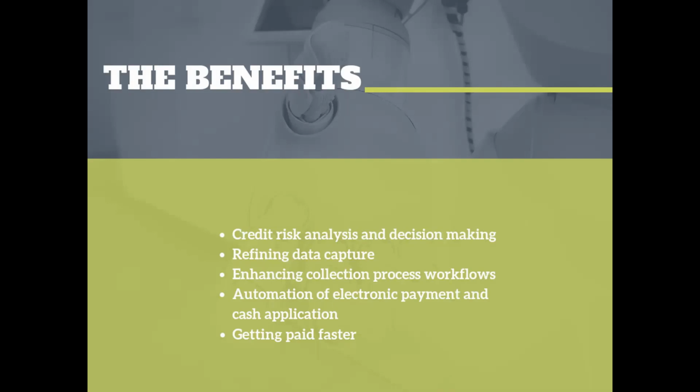By using robotic process automation, you can better analyze the credit scores of customers and what will put your company at risk, and that'll allow you to make better decisions that can reduce or eliminate your bad debt. Once your workflows are automated, you'll be able to take the time to refine your collections process and ensure it's the most efficient process possible. And that can all be done by simply setting up those workflows to reflect the new processes that you're putting in place.